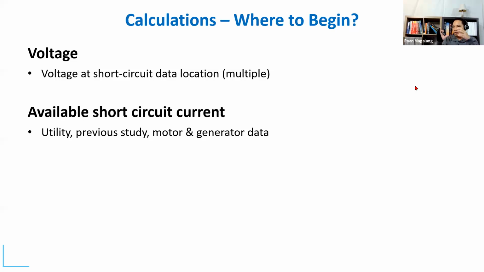It's designed to carry a certain amount of customer load. Let's say right now the substation is a 50 MVA substation. So based on that, there is a certain level of fault current out of that 50 MVA.